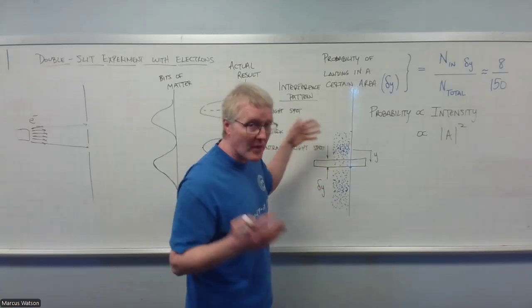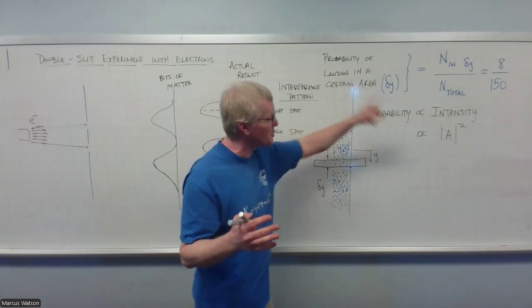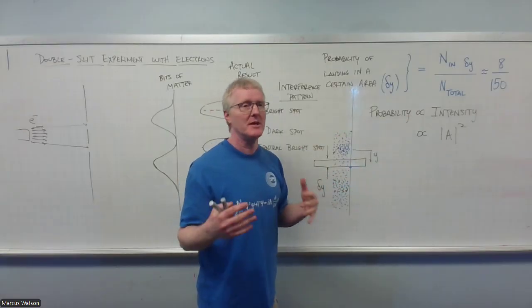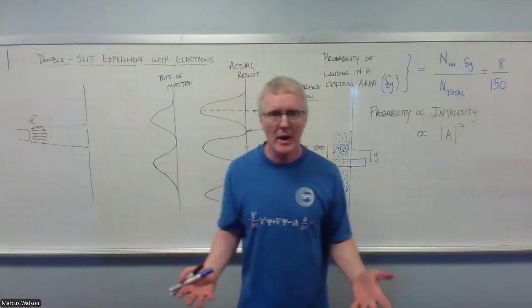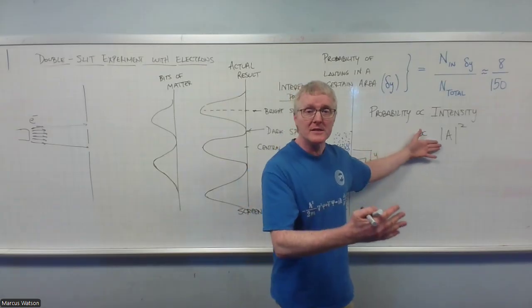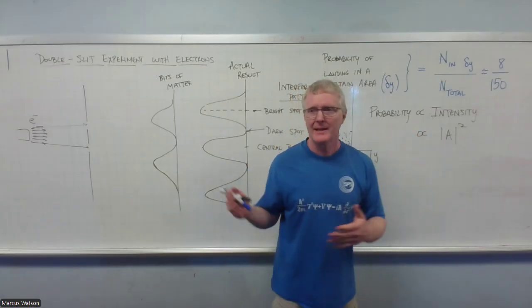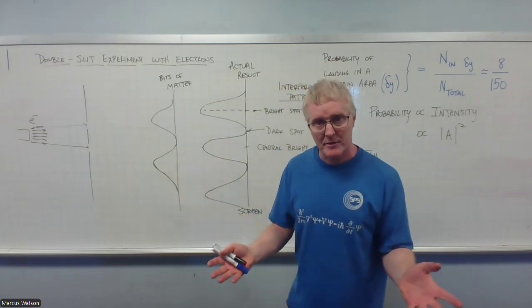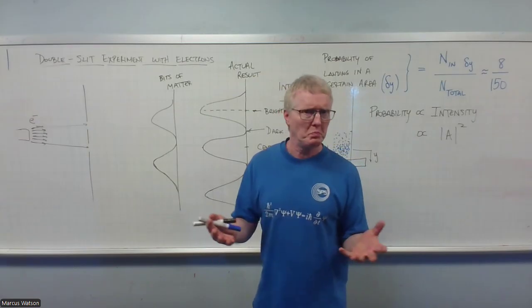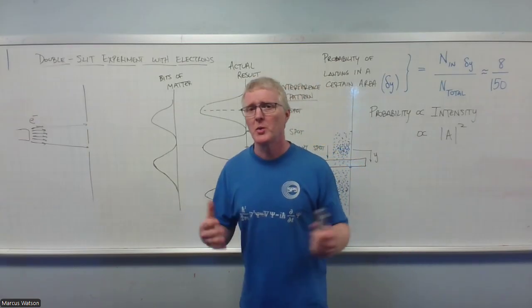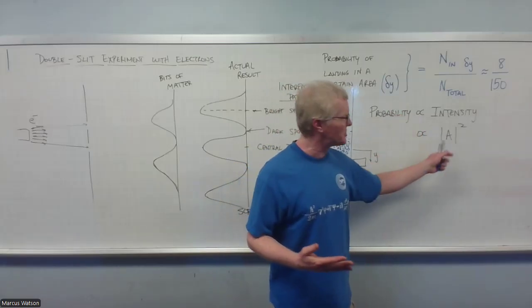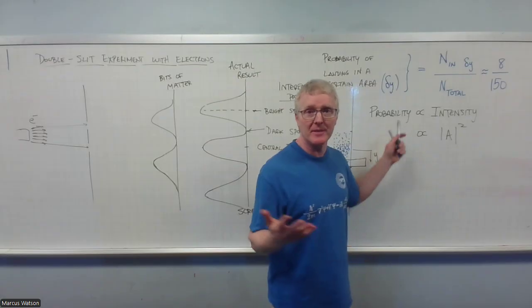And therefore, the probability of landing on the screen is actually not what we would call the intensity for the electrons, but we have to now invent another quantity to try and describe what for light was a wave amplitude. Electrons have a de Broglie wavelength, but as to what their amplitude is, we don't know. So we have to invent a new quantity to try and describe this probability such that when we square it, we can get something about the probability.